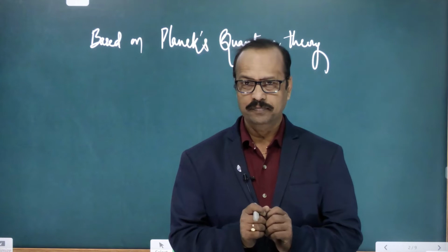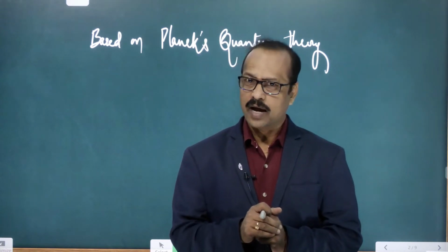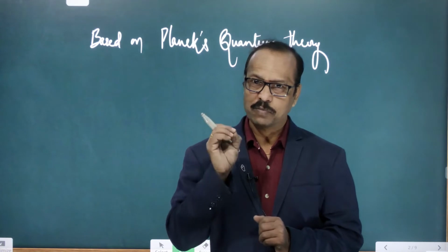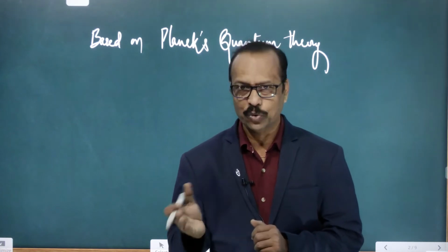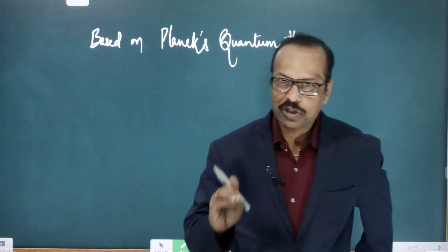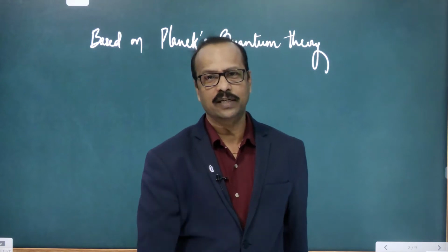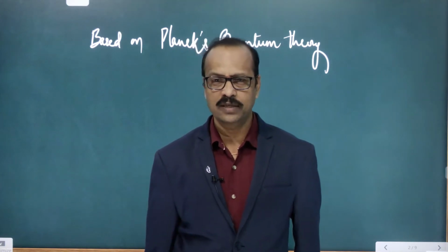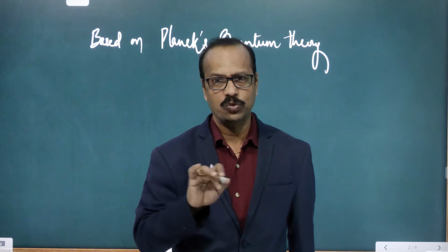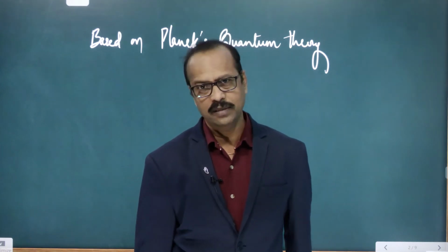It said that atoms are spherical in shape, and an atom consists of a small region at the center, which is called the nucleus, and the nucleus has the total positive charge, and almost all the mass is concentrated in that center region. Electrons revolve around the nucleus like planets around the sun. This was the concept, right?